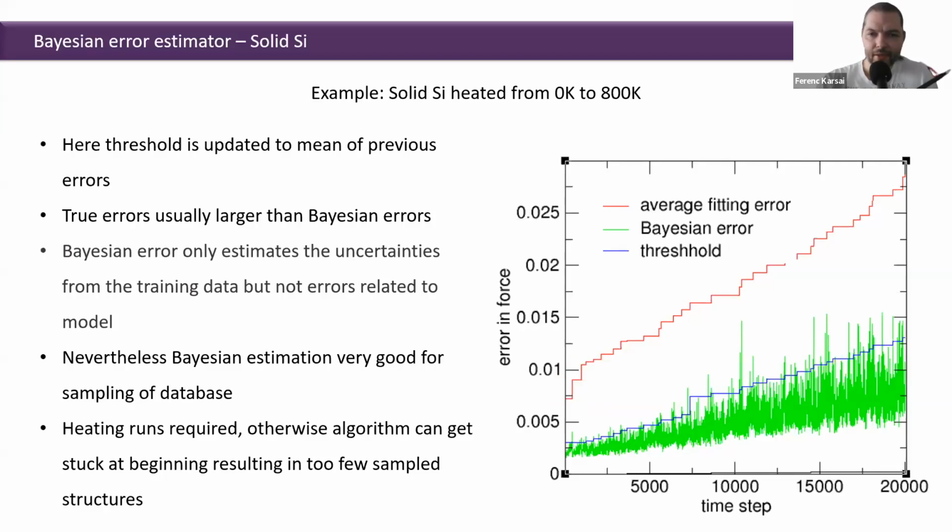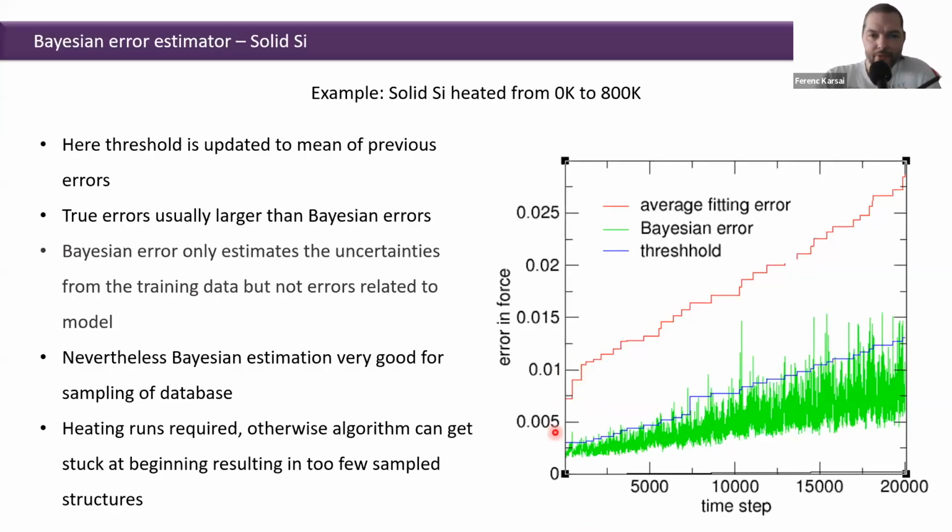You can see from the steps that this is only updated if the force field is refit. So the force field is freshly fit, more or less, at every step. The green curve shows the Bayesian errors. These are updated, or calculated, at every step.